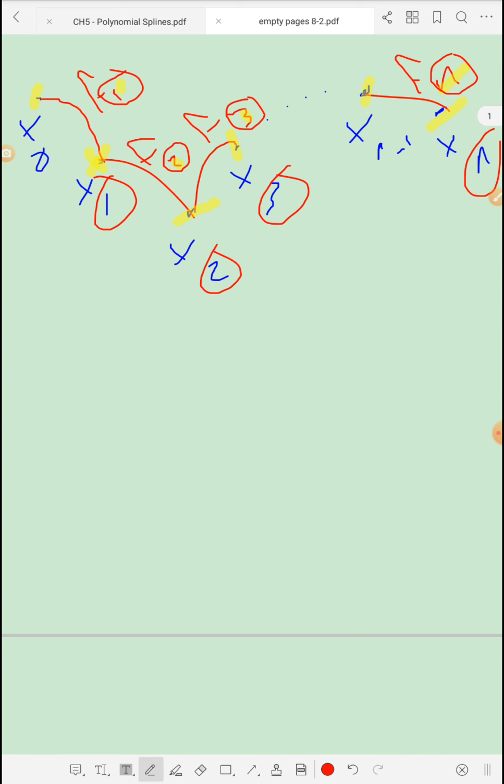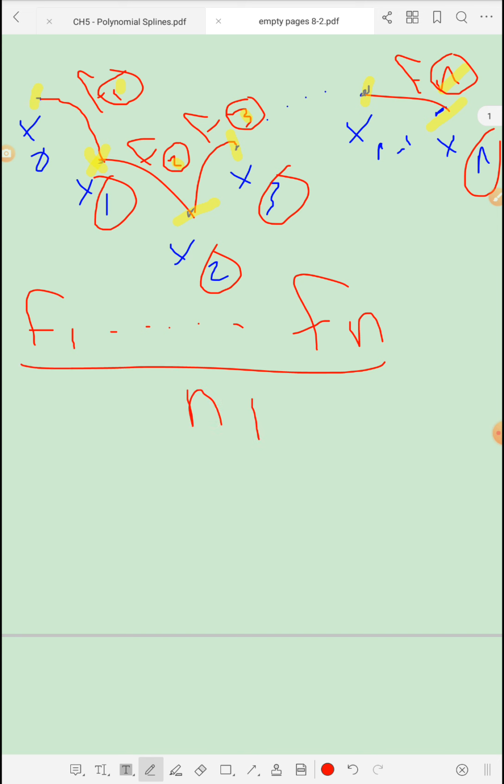Again, as I mentioned, we have polynomials from f1 till fn, so they are n polynomials connecting n plus 1 data points.